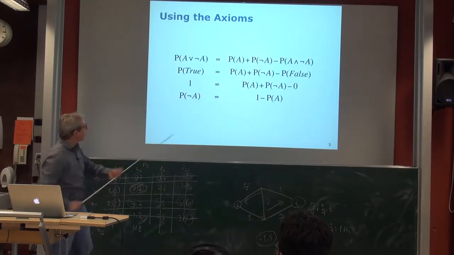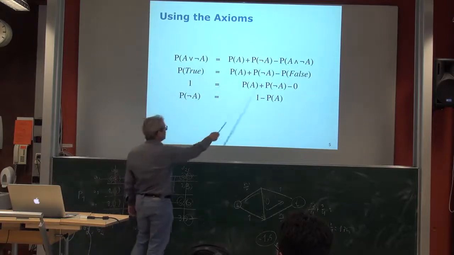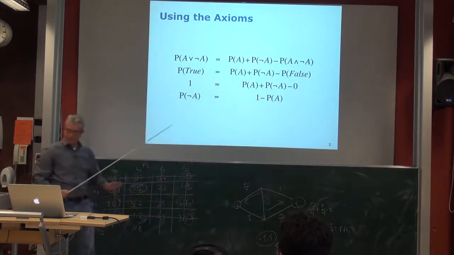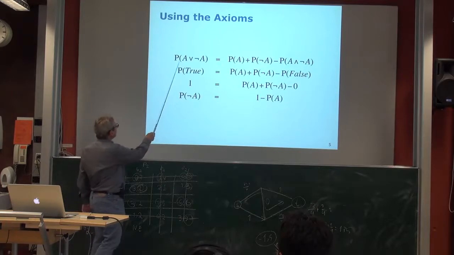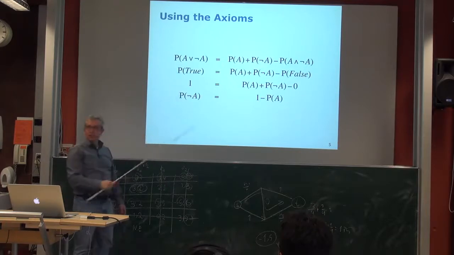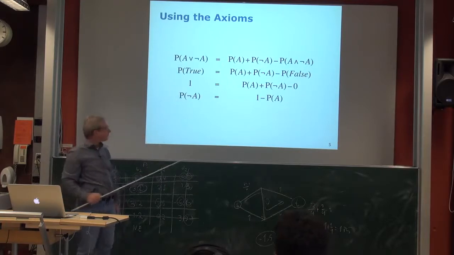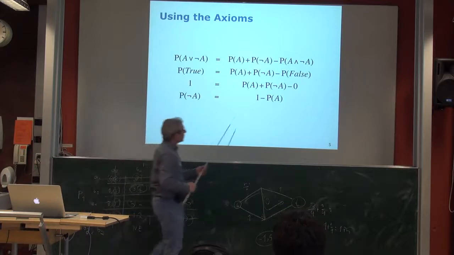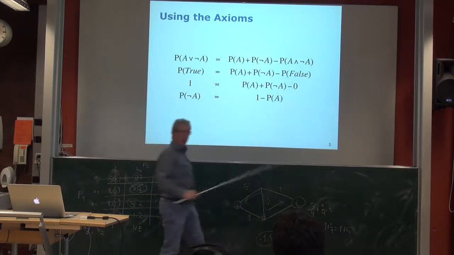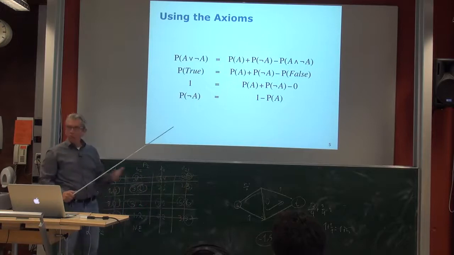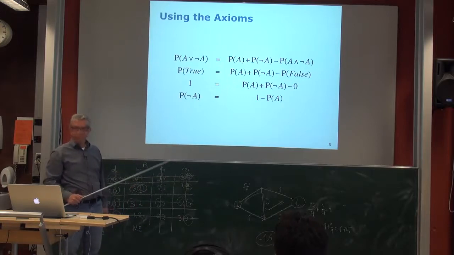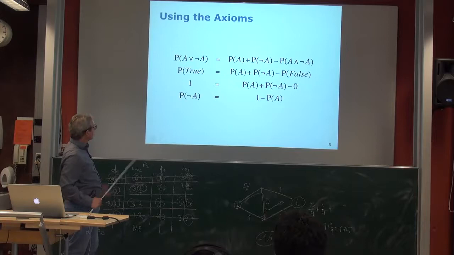Basically, we do have P of A or not A is this equation over here, just text replacement. And we know in logic, A or not A is always true. And we also know that A and not A is always false. There's no model for those expressions in propositional logic.